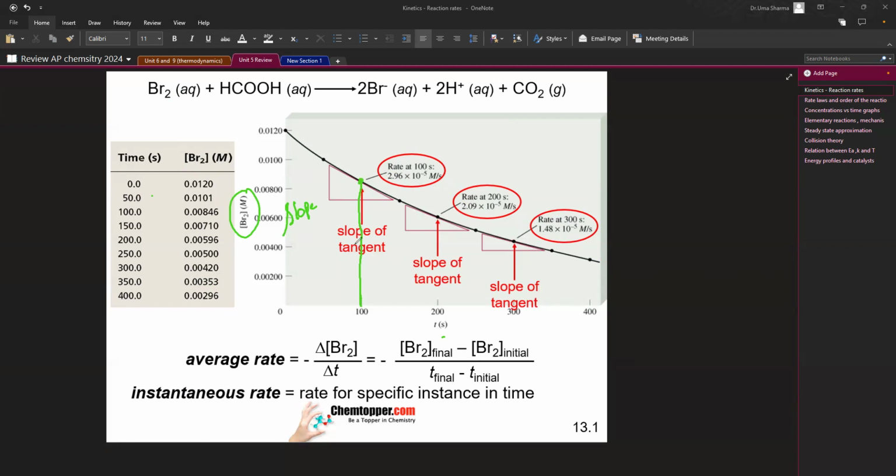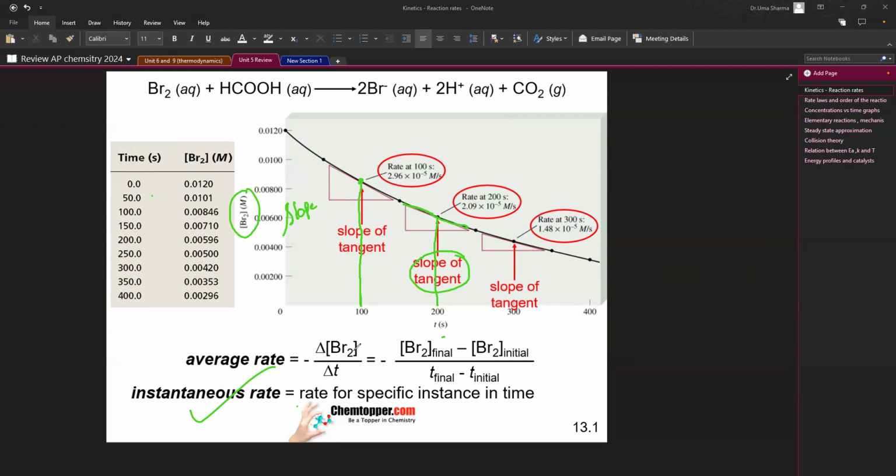They may not ask you to draw the tangent and get the slope and get the answer. But you should know the meaning. You should know how to do it. For the instantaneous rate, you pick up the time and draw a tangent at that time, and that tangent is going to be a straight line. Get the slope of the tangent. That you should know.